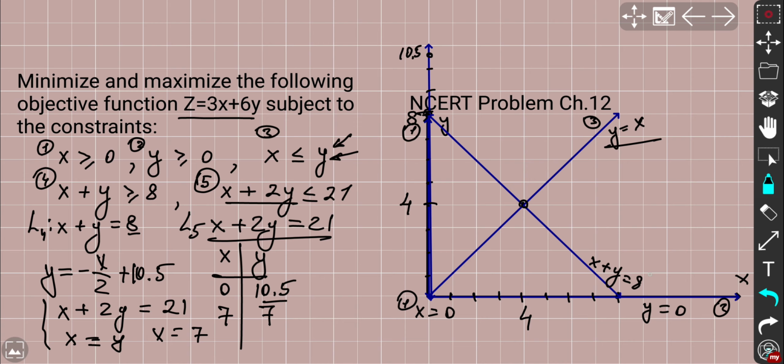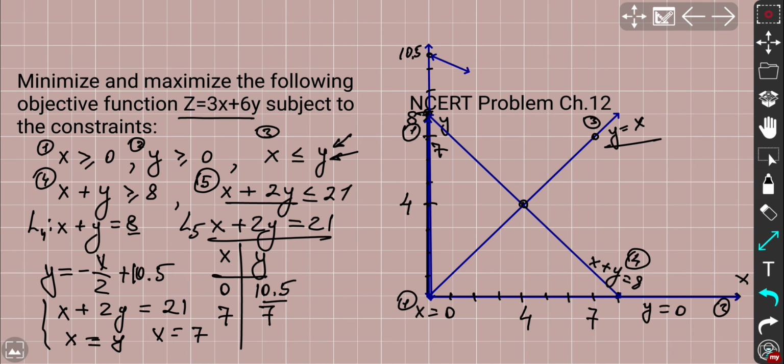Right now this is line 4, by the way, and line 5 should go through the point 7, 7. 5, 6, 7 is here, and 7 is also here. So that's another vertex point.